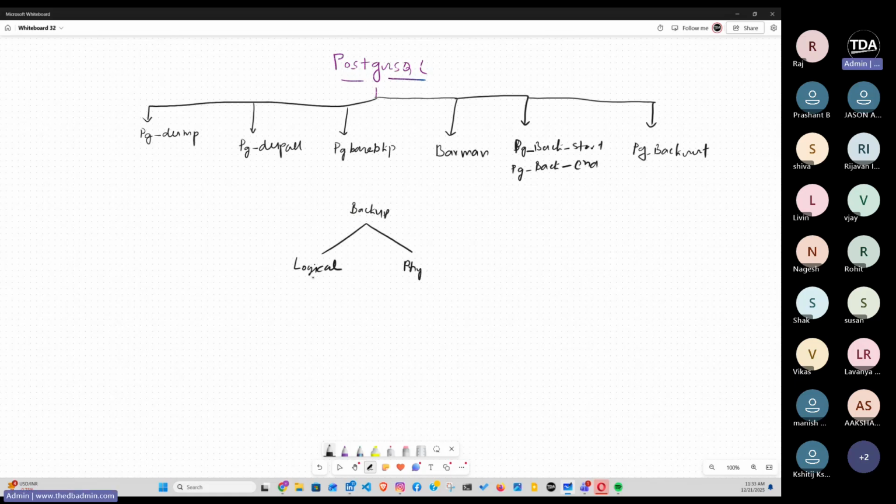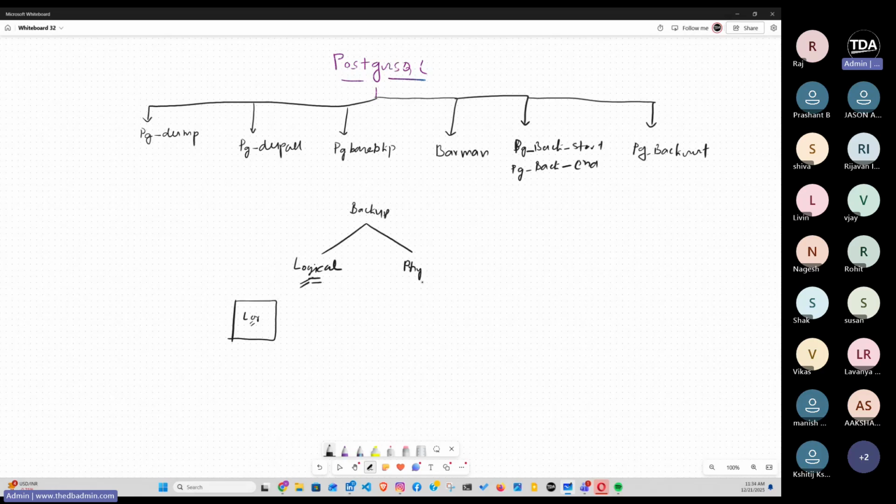When I say logical backup, I mean whatever logical structure we have under the database. What is the logical structure? Table, index, sequence, procedure, view. All those things are logical entities of a database. So whenever you take a backup using any logical objects, it is considered a logical backup.